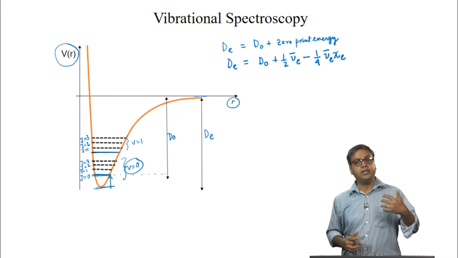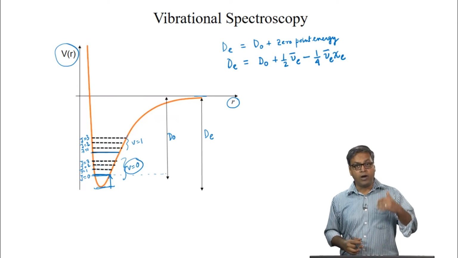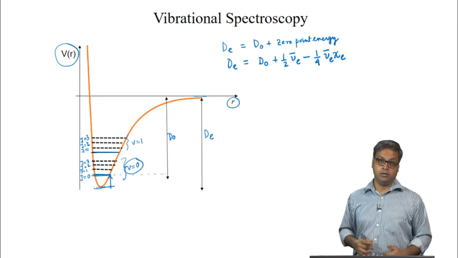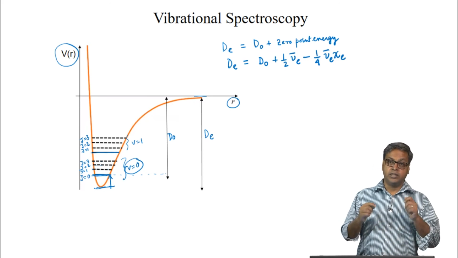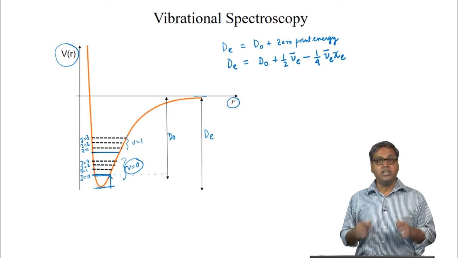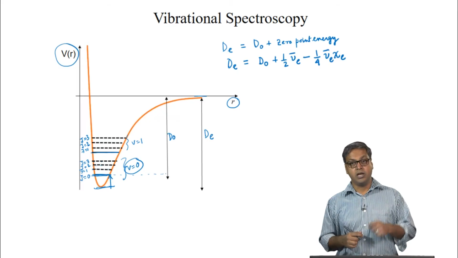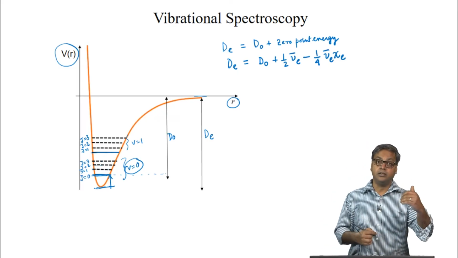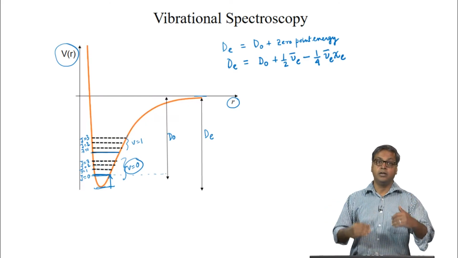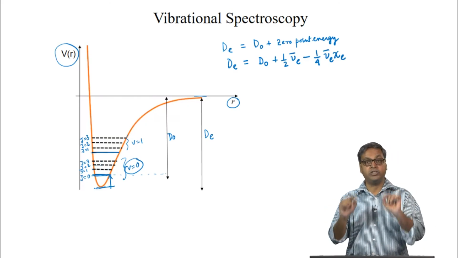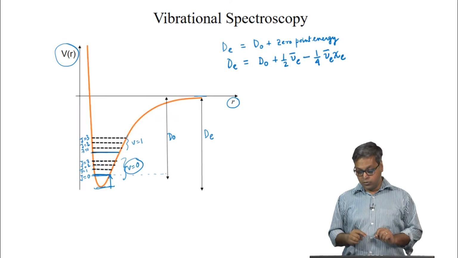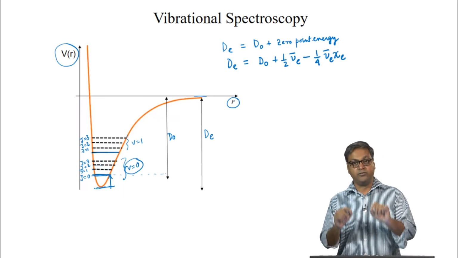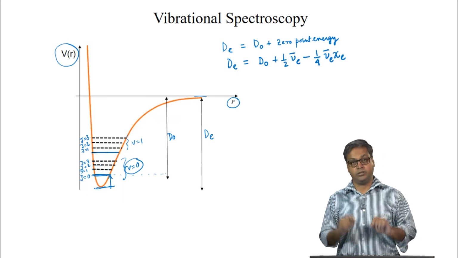When we excite a molecule from one vibrational state to another, we can predict there will also be a change in the rotational state. The molecule will either be rotationally excited or de-excited during the ro-vibrational transition. Ro-vibration stands for rotation plus vibration.